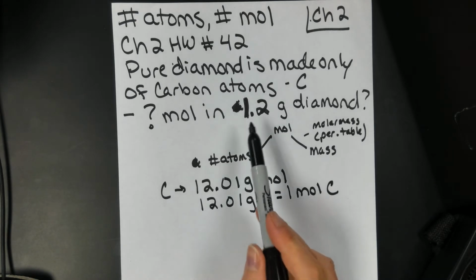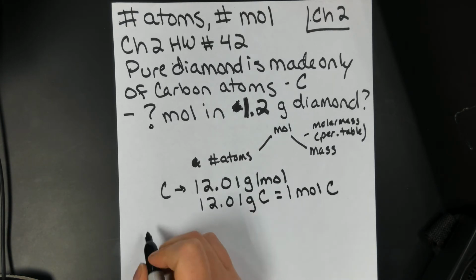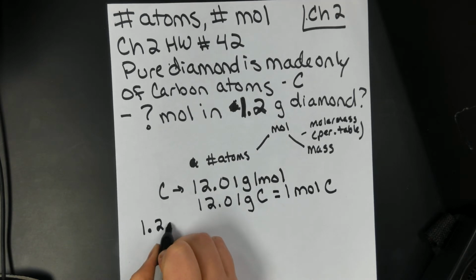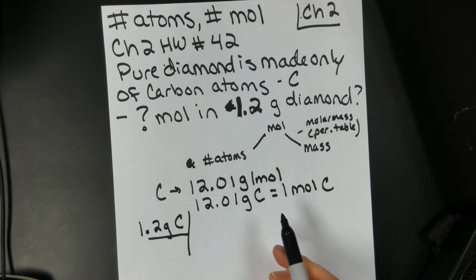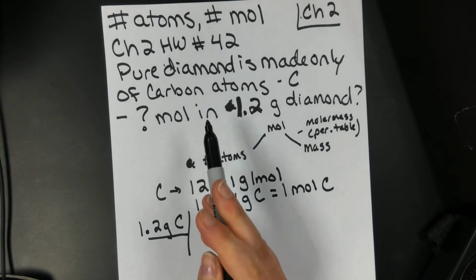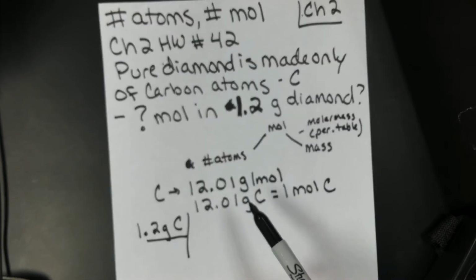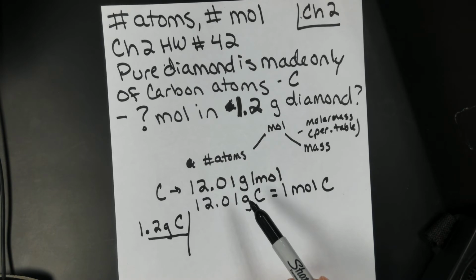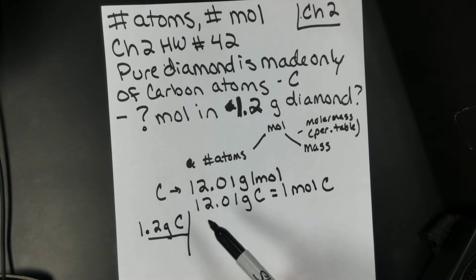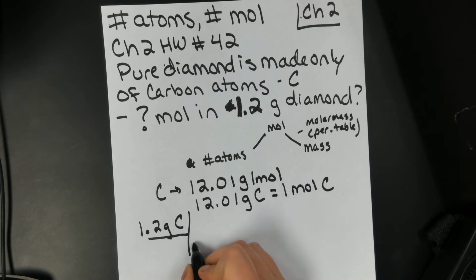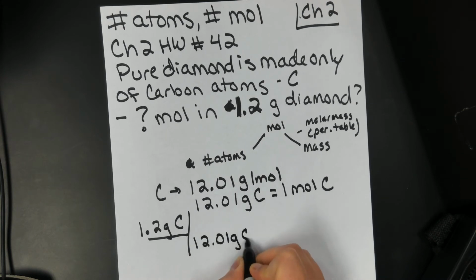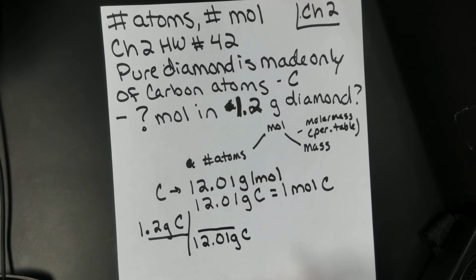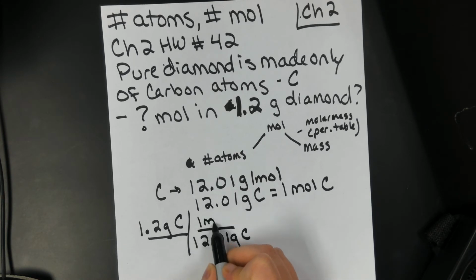Again, start with your given and put it over 1. We're given 1.2 grams of carbon. What is my desired unit? Mole. So I put grams on the bottom and mole on the top: 12.01 grams of carbon for every 1 mole of carbon.